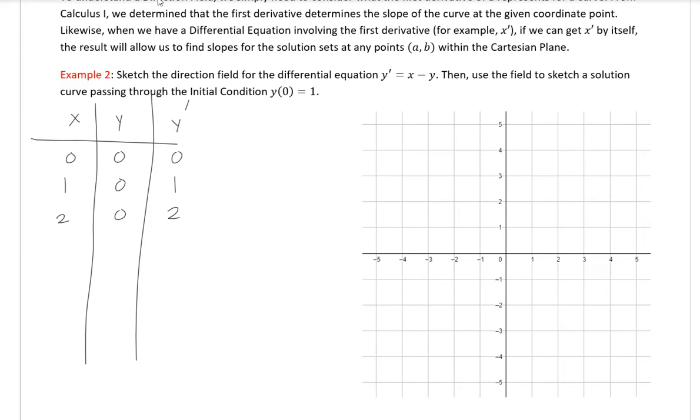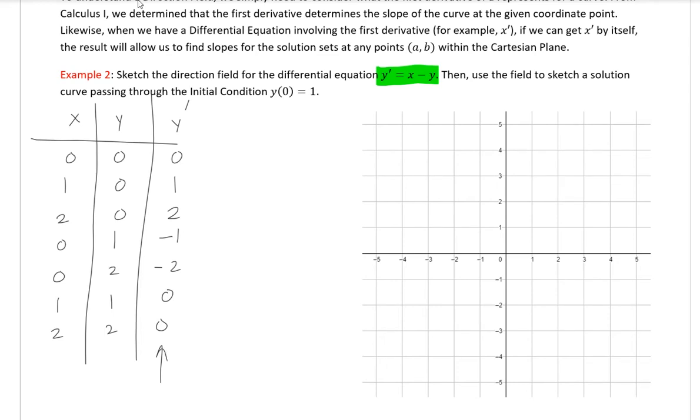If I do maybe 0 and 1, I get 0 minus 1 is negative 1. 0 and 2 will give me negative 2. So I'm starting to get some points here. Maybe if I do 1 and 1, which I didn't do, 1 minus 1 will give me 0. 2 minus 2 will give me 0. Again, I'm getting these y primes because the equation that was given to us is simply x minus y. So I'm just taking my x value and subtracting my y value to get y prime.